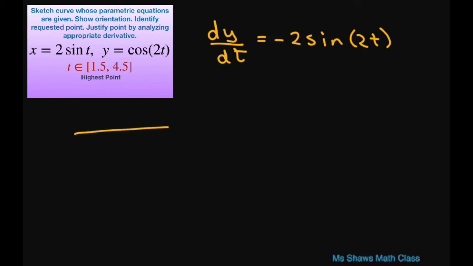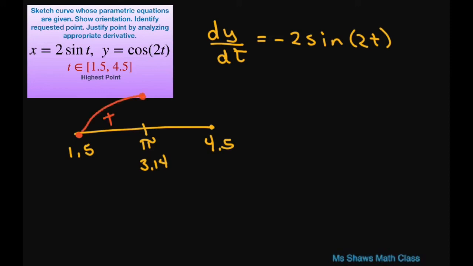Now on the number line, we're going from 1.5 to 4.5, and we were at pi here, or 3.14. Between 1.5 and pi, this is going to be positive. That means our graph is increasing.